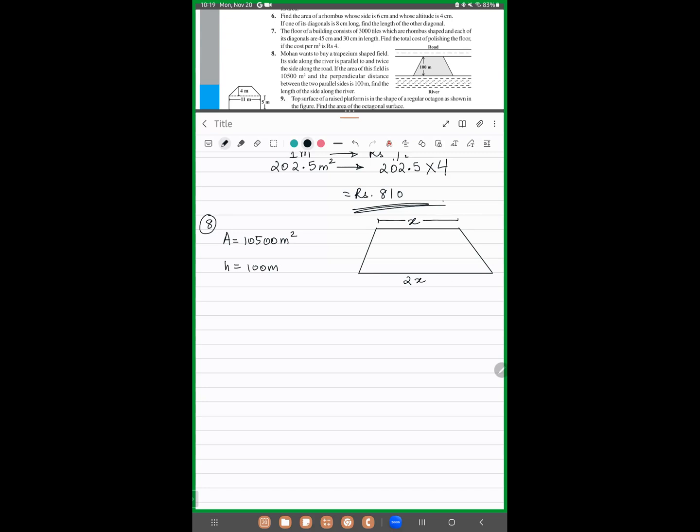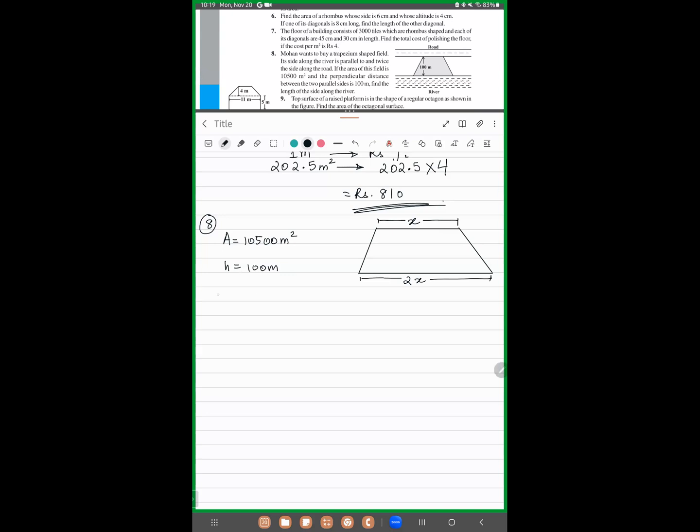Got it? One more thing they are telling you is that the perpendicular distance between these two parallel sides, which we write as height h, is 100 meters. We are supposed to find x and 2x basically.